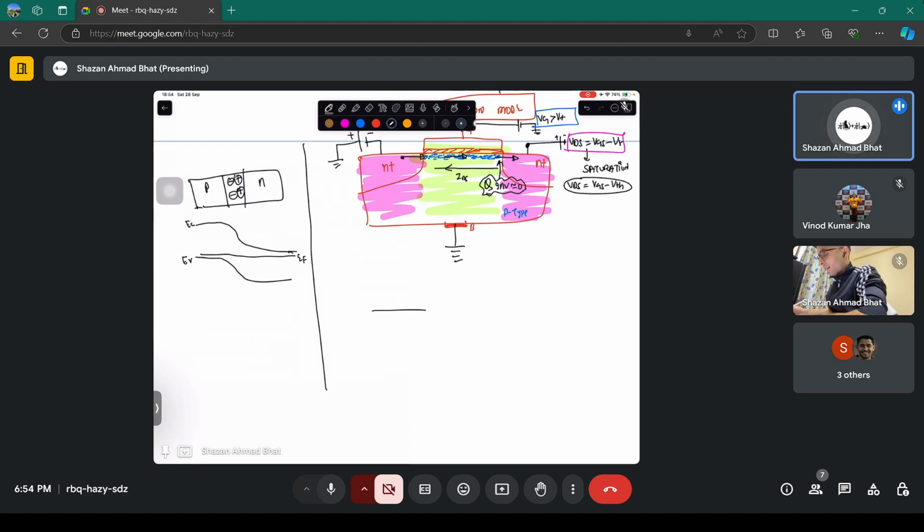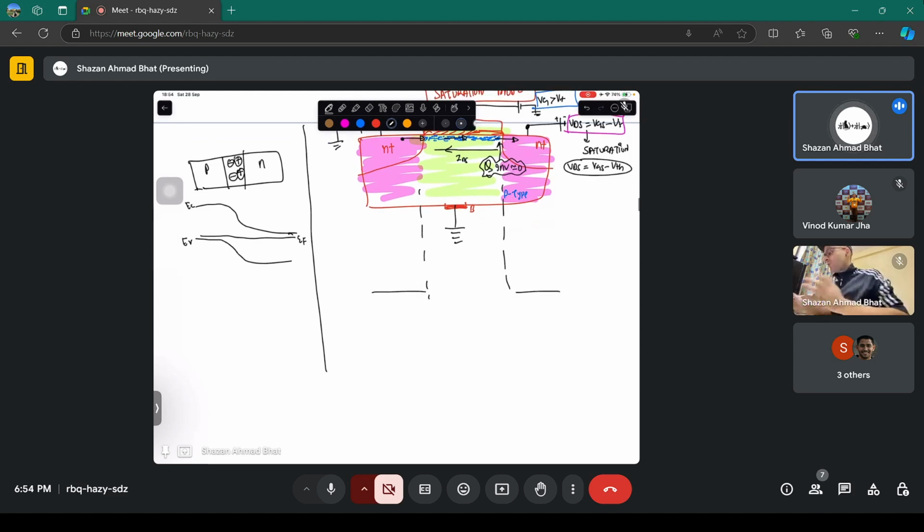Let's say VG is equal to 0, you have not applied any gate voltage yet, and VD is equal to 0, you have not applied drain to source voltage yet. I'm drawing the band diagram for that. You have this particular conduction band of the two ends of this device.